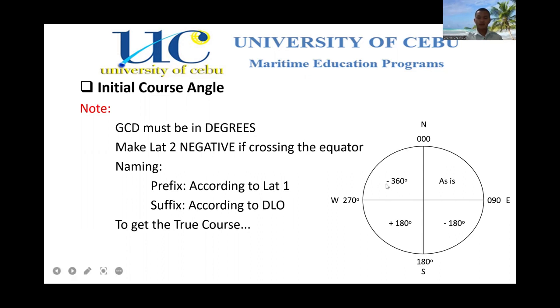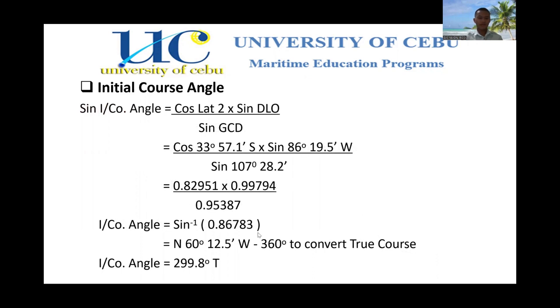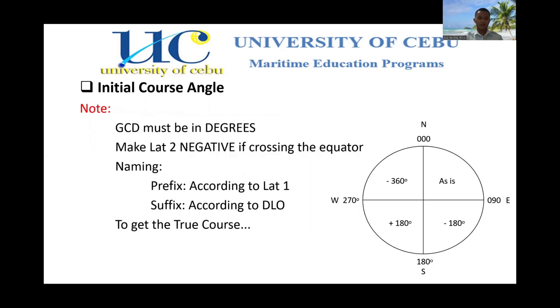And in northwest direction, we subtract 360. Since our initial course angle is north 60 degrees 12.5 minutes west, in northwest we need to subtract this from 360 degrees to convert to true course. So now our initial course is 299.8 degrees true.